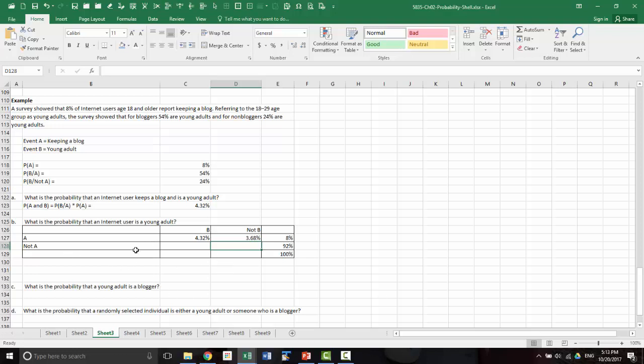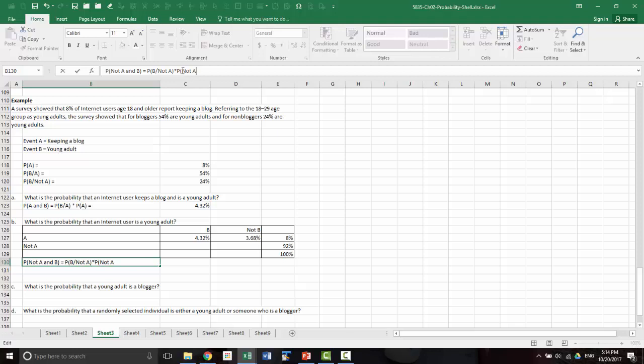All right. Now let's find this probability here, probability of B and not A. We had A and B; let's do not A and B. Not A and B will be probability of B given not A times probability of not A. That will give us the intersection.